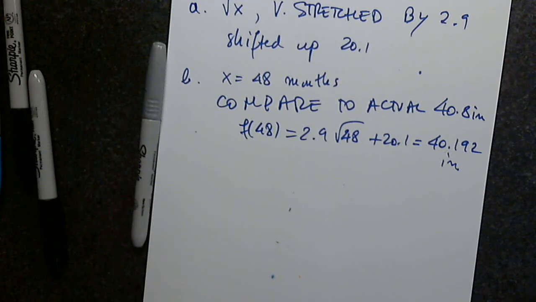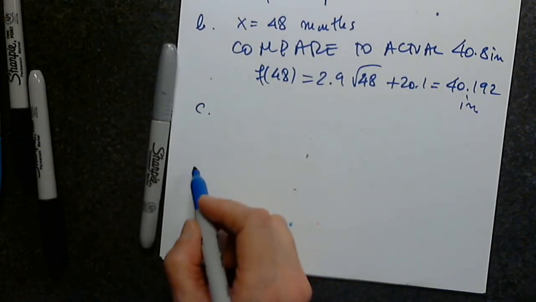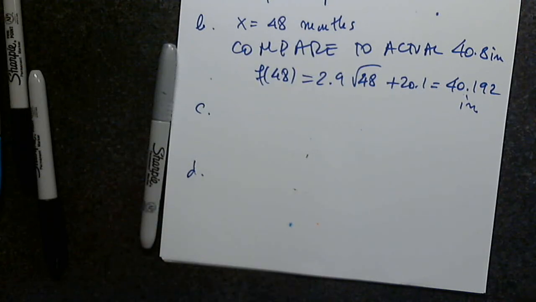Now, in part C and part D, they're asking us to do something that we had on the previous test that I just returned today. Use the model to find the average rate of change. Some of you determined the values but did not determine the rate of change. You just plugged in numbers in the function, you got them correctly, but you didn't finalize the average rate of change.